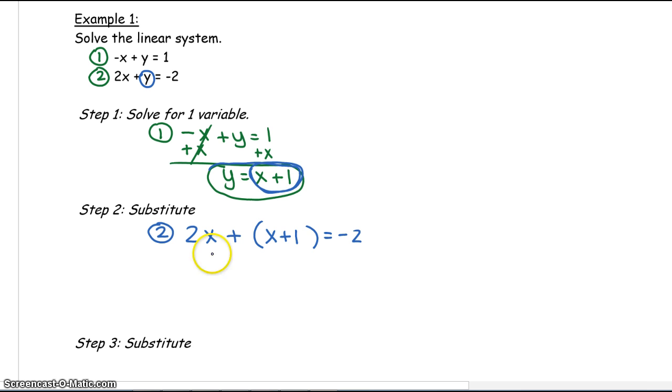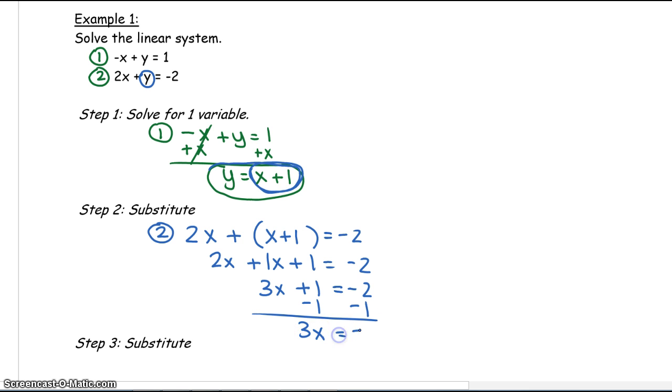Then we solve for x because that's the only variable we have in there, and yes, we did that on purpose. So we have 2x plus x plus 1 equals negative 2. 2x plus 1x is 3x plus 1 equals negative 2. Subtract the 1, and we get 3x equals negative 3, and divide by 3, and x equals negative 1.